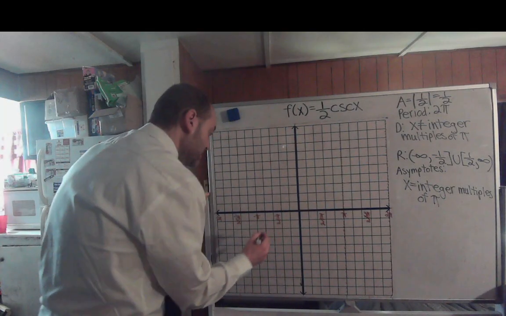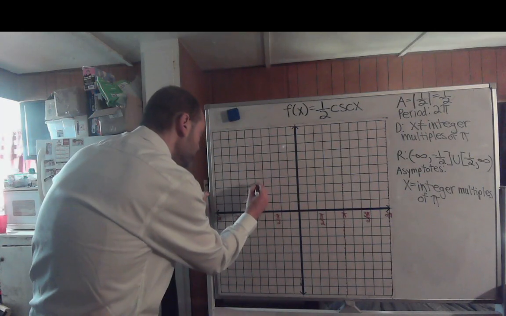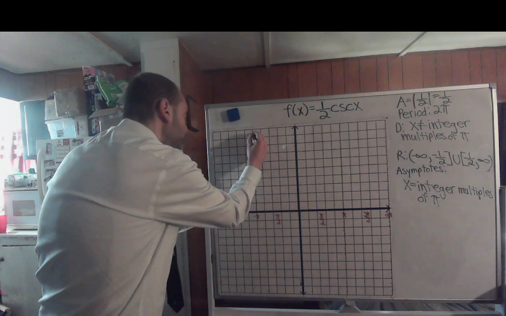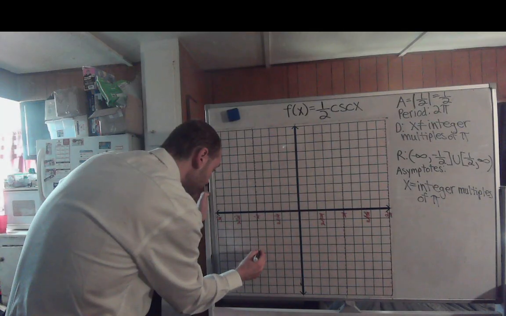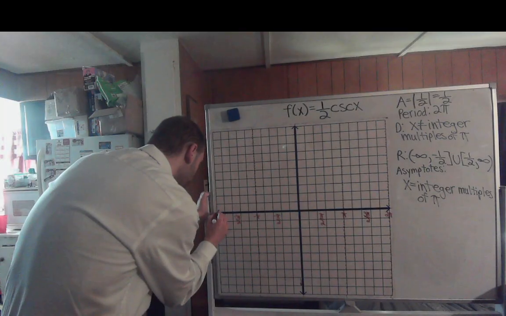Let's see, negative pi is an asymptote. And then again at negative 2 pi.